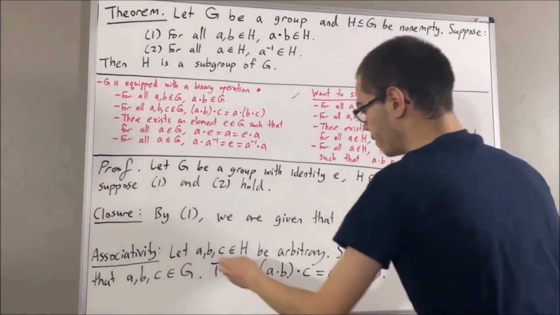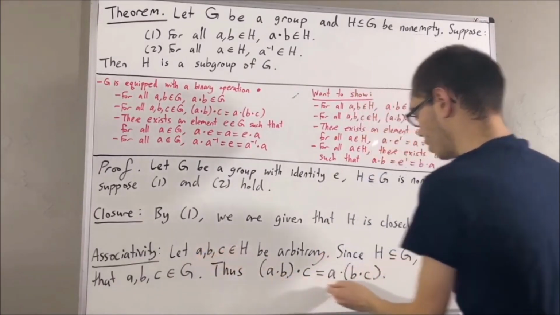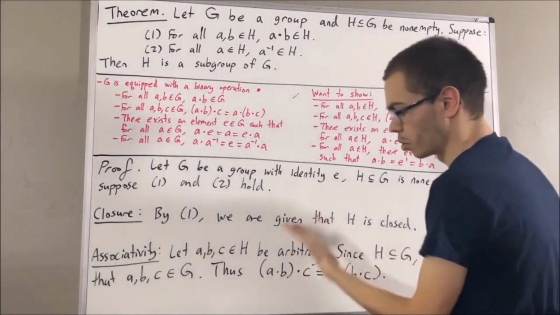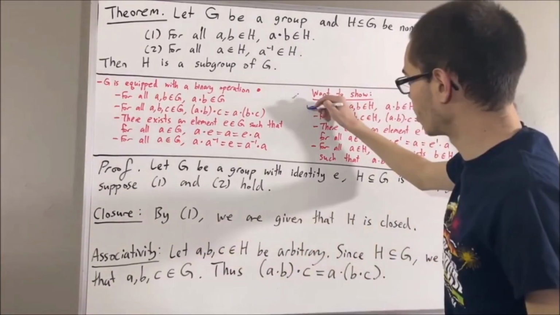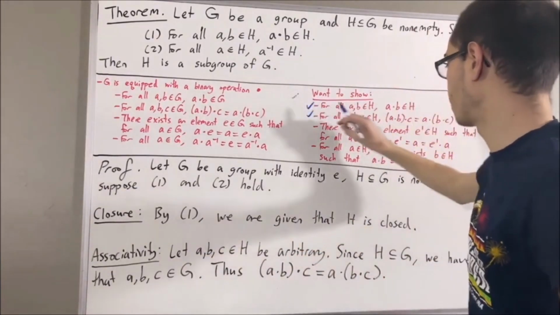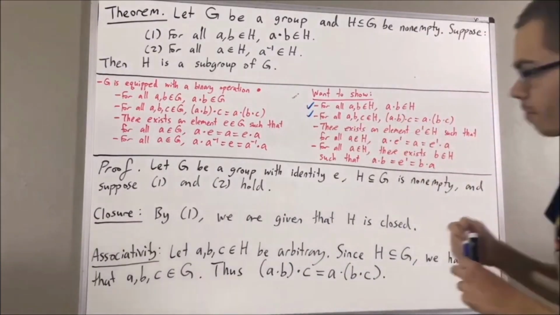So we see, given any 3 elements of H, this equality holds. That tells us that associativity holds in H. So at this point, we verified the first 2 conditions. Now let's verify H has an identity element.